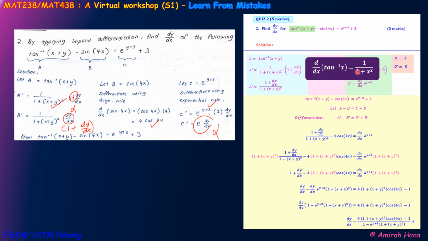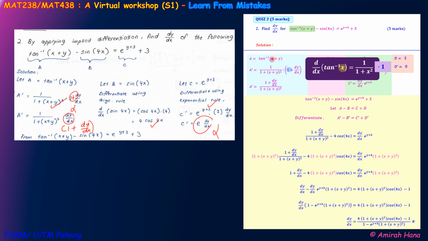Okay, lepas kita guna formula yang ni, then we need to differentiate in bracket here. Kalau differentiate inverse tangent x equals 1 over 1 plus x squared, and then kena differentiate pula x sebenarnya. But when we differentiate x, the answer equals 1. Times 1 ni tak payah letak pun tak apa, sebab dia tak ada effect. But how about now our x equals x plus y. Differentiate x dapat 1, ni jadi darab ya.